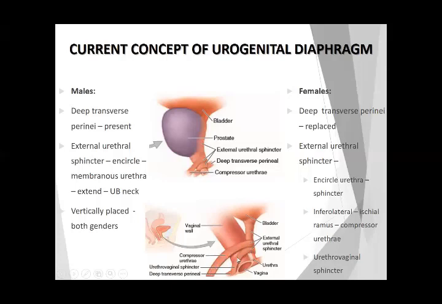And then there are another set of fibers that encircle the urethra and the vagina together. ये इसको urethro-vaginal sphincter कहते हैं. Males में भी compressor urethrae है. It encircles the urethra and gets attached to the ramus of the ischium. Okay? And this is the external urethral sphincter. यहाँ पे ये urethro-vaginal sphincter कहलाएगा.